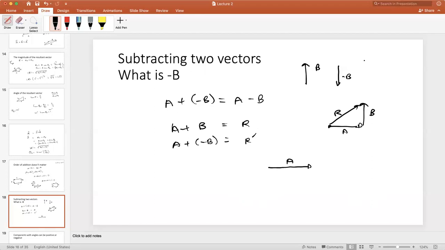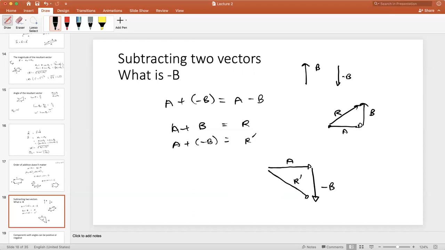So here's A, and now I take my minus B, and I notice that I put the tail of minus B at the tip of A. And now notice R prime is actually in a different direction than R. It's actually 90 degrees off R.